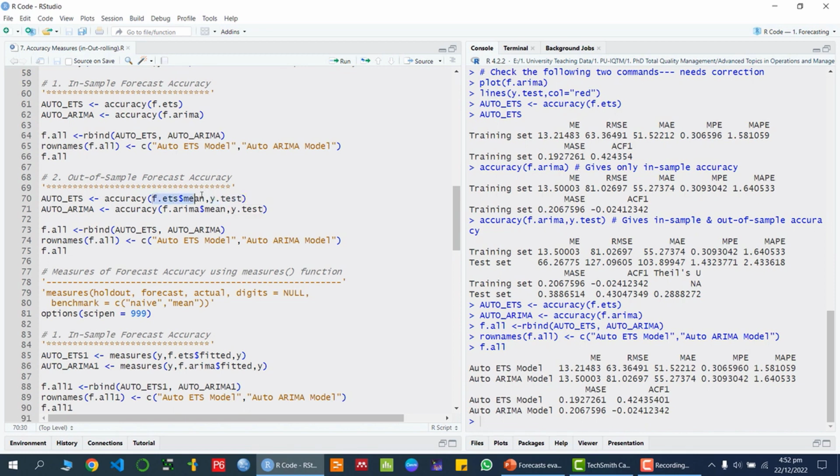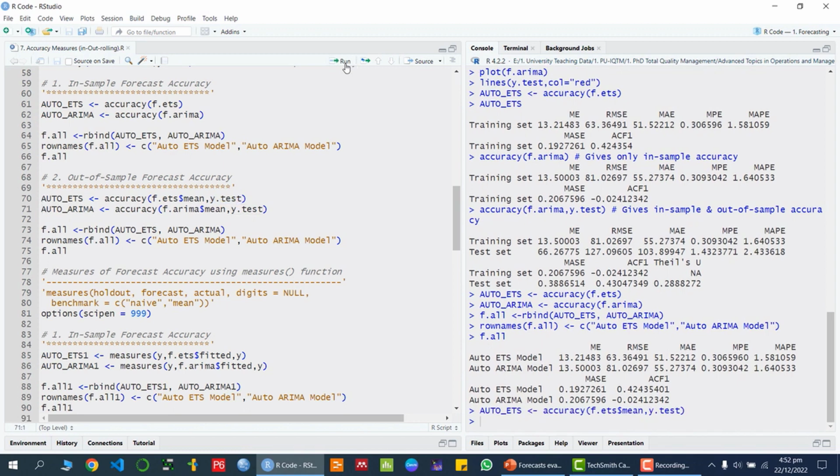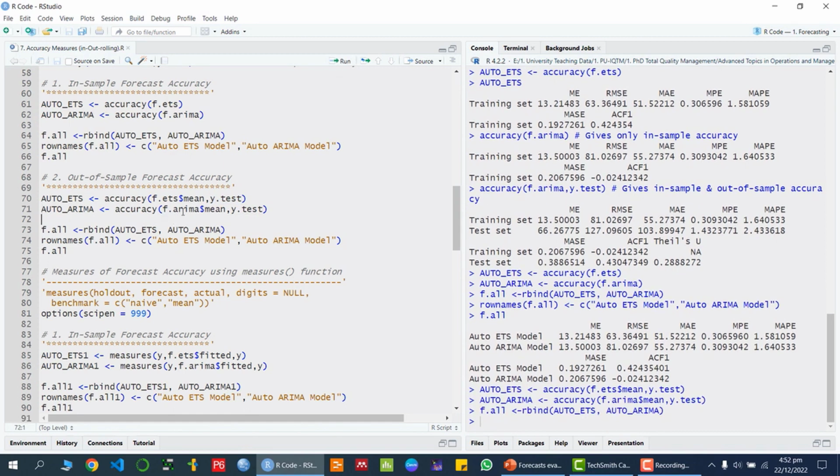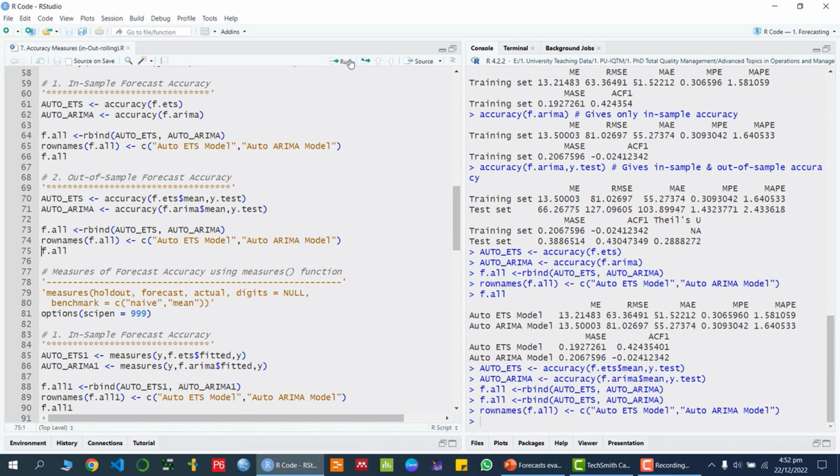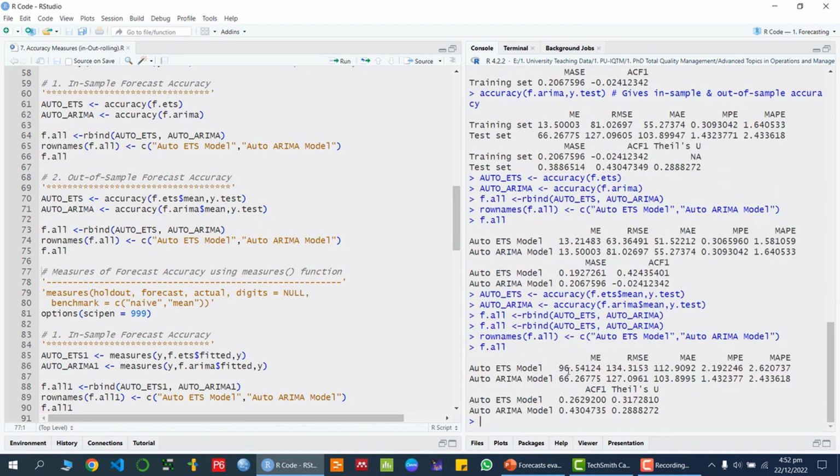Now using these 12 forecast values and these actual 12 values, calculate the forecast accuracy of the exponential smoothing, and likewise for the ARIMA model with the help of this function, and now I am reporting it. Okay, as you can see, with respect to out-of-sample forecast error, the ARIMA model is the better one compared to ETS.